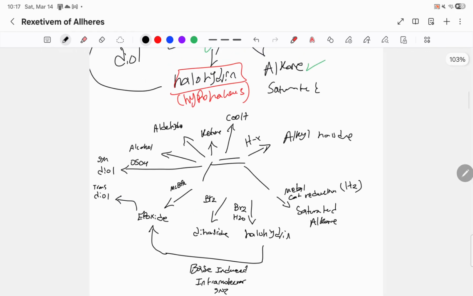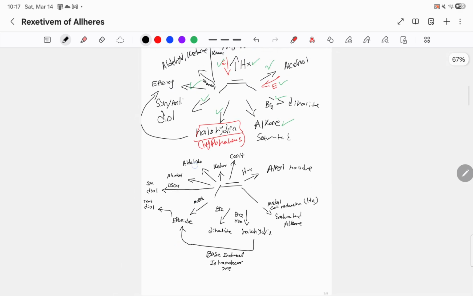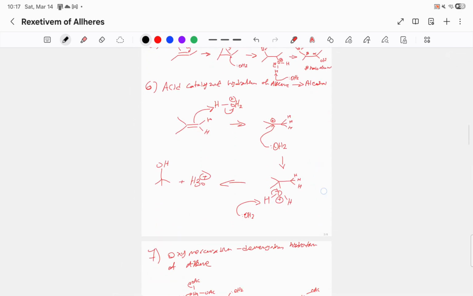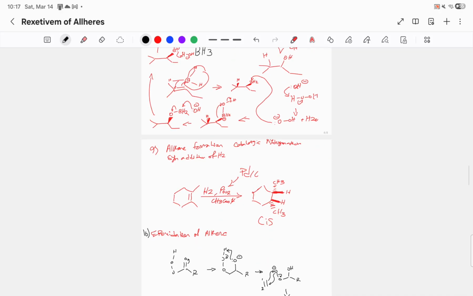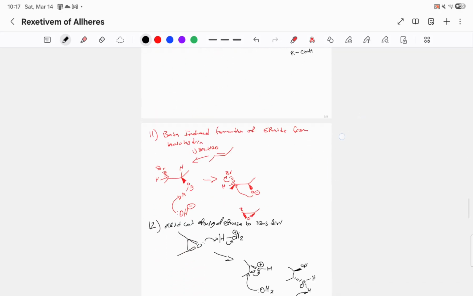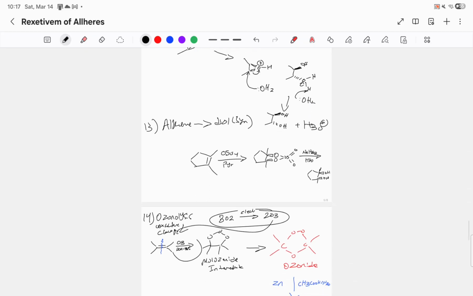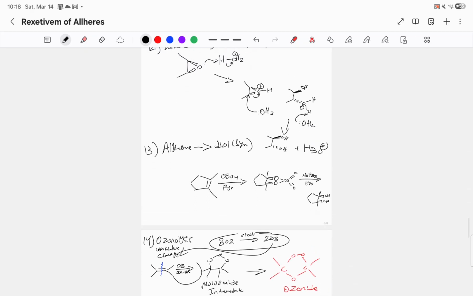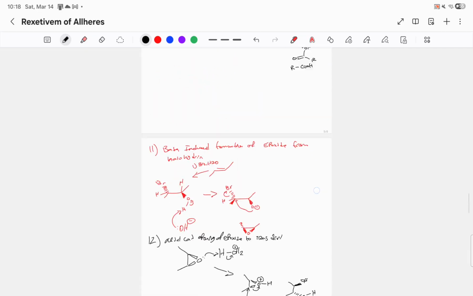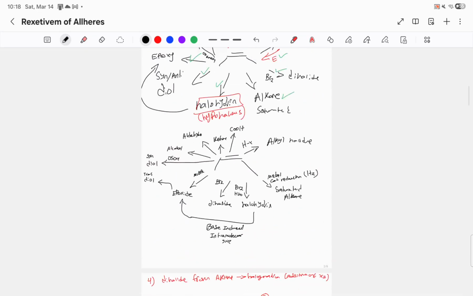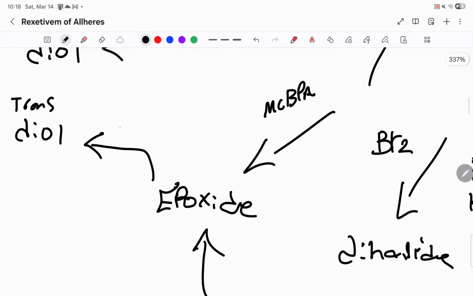So let's actually show that. Trans diol from an epoxide by acid catalyzed ring opening.